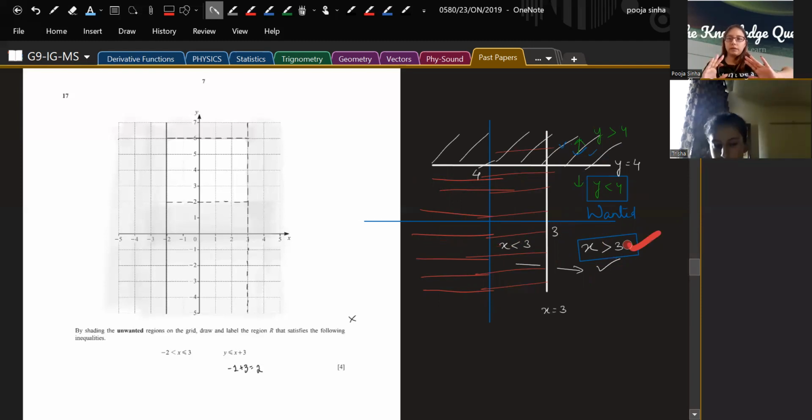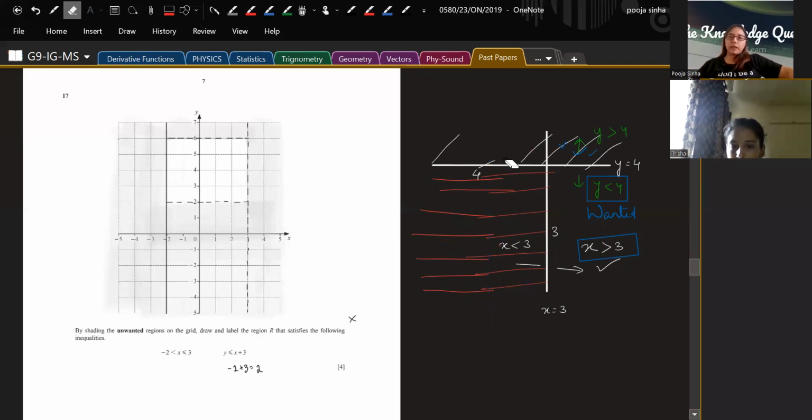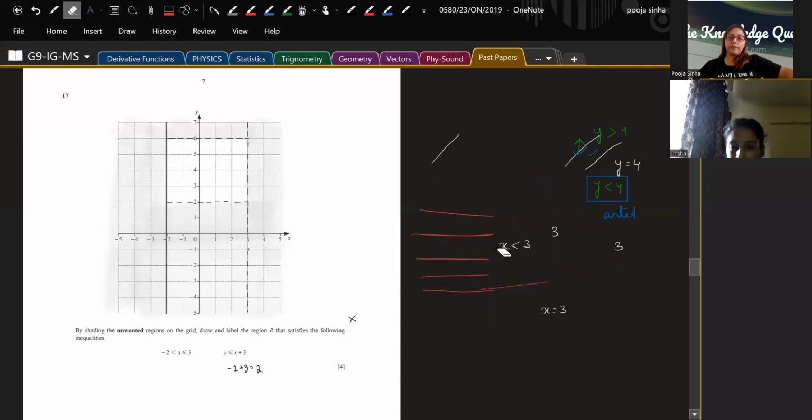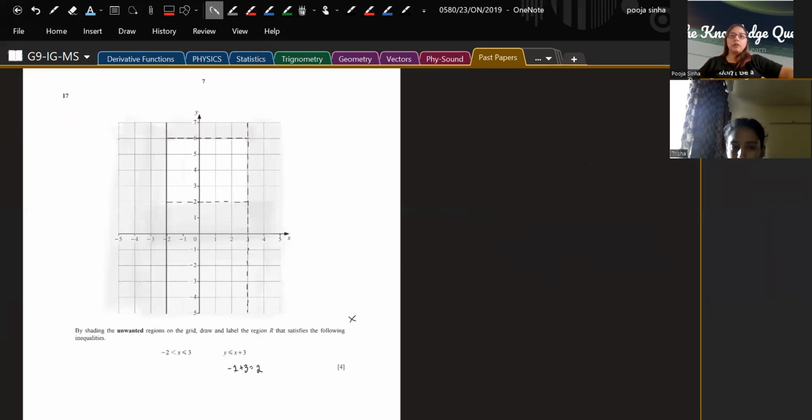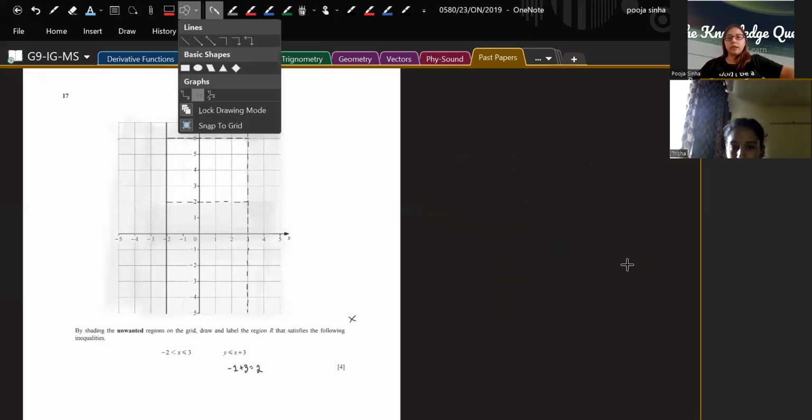So now, let's make it a little more tricky. Okay. This was the easiest one. All right. How I will make it tricky for you. Now, what if I don't have a straight line like this, where it is very, very clear.